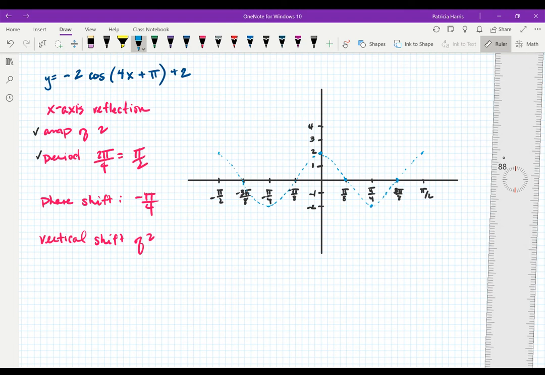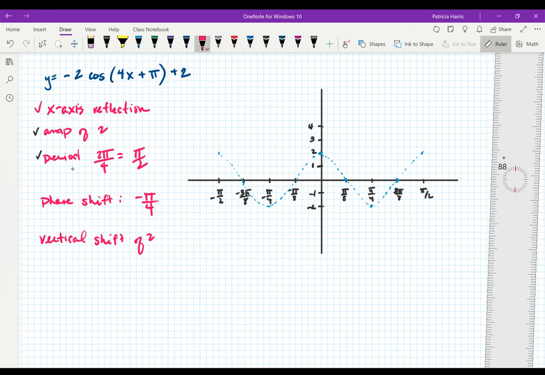Okay, so now I have to take care of that x-axis reflection. And x-axis reflection is exactly what it sounds like. I'm going to flip the graph over. So again, I'm going to get another color. And I'm going to take care of the x-axis reflection.